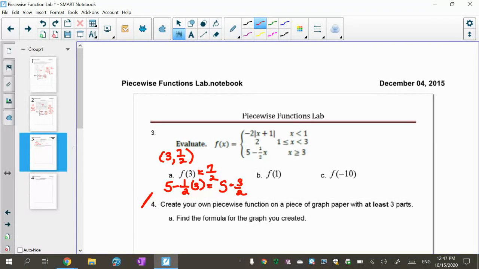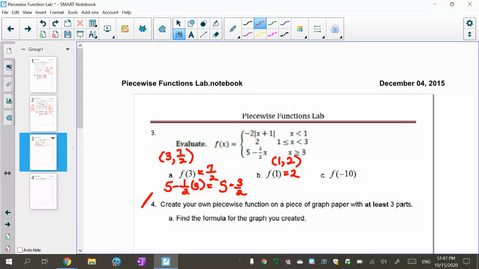Okay, so there's A. The B part says find f of 1, so I have to go through and find out where 1 is. Well, 1 is not in this piece, it's in this piece, and this piece is easy because it says whatever's between 1 and not including 3 but up to 3, the y is 2, so there's no work with that. That's just the point (1, 2).